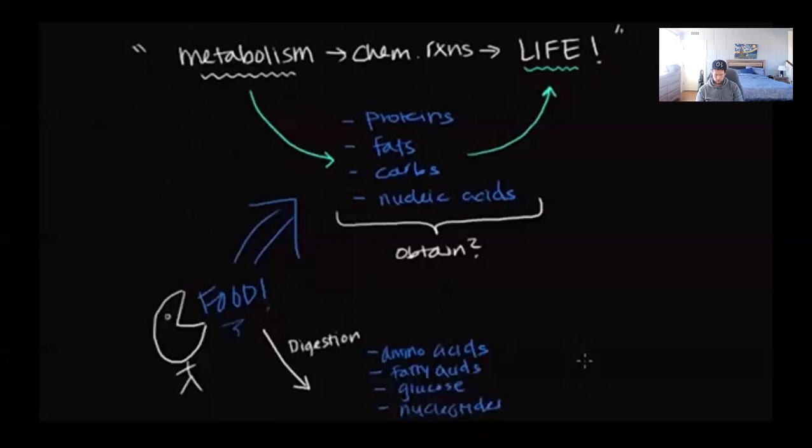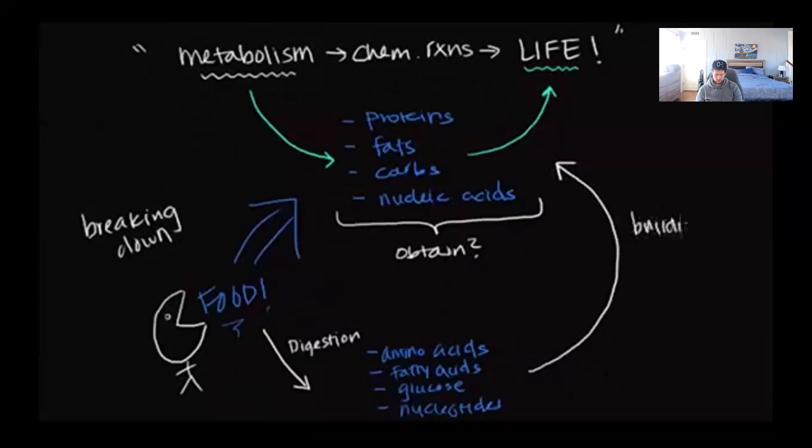So at this point, you're probably thinking, well, okay, I understand that our body can't use the same macromolecules found in food because maybe they're not in the right configuration, but how does breaking them down do anything for us? Now, the key here is to recognize that in our body, there's actually a delicate balance going on between the processes of breaking down molecules, such as in the process of digestion, and then taking these products and building them back up.